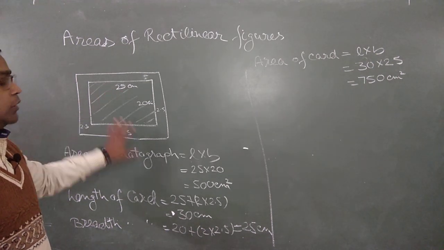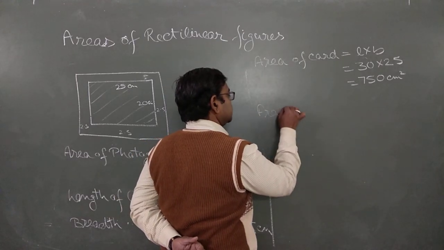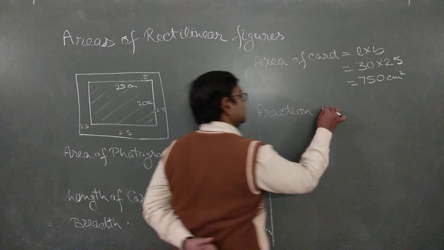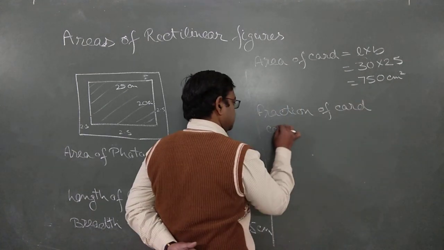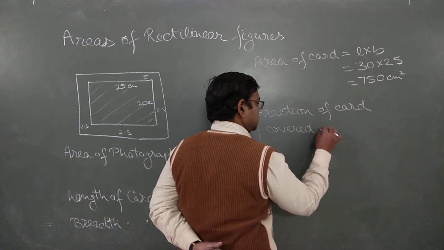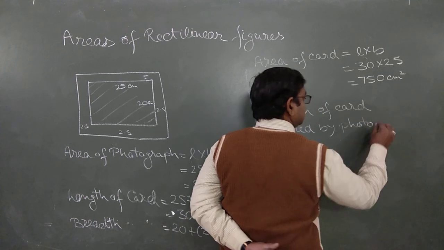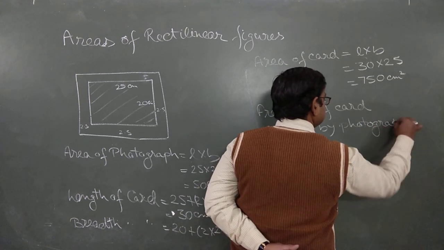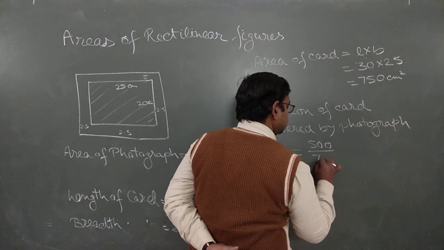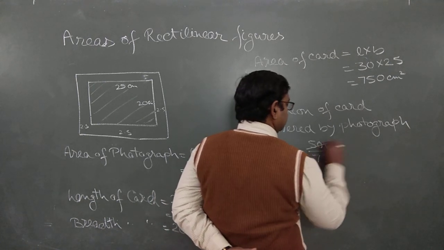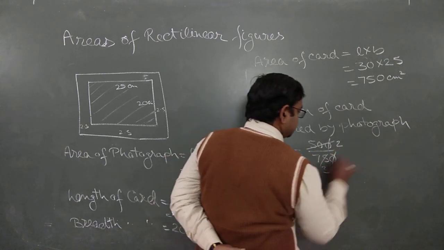So the fraction of the card covered by the photograph equals 500 upon 750. Cancel the 0s, 25 twos are 50, 25 threes are 75, so 2 upon 3 part.